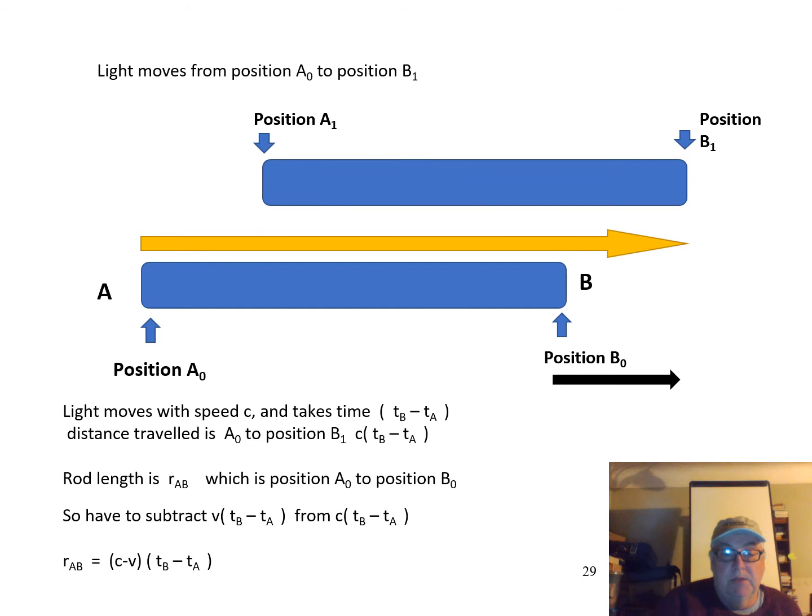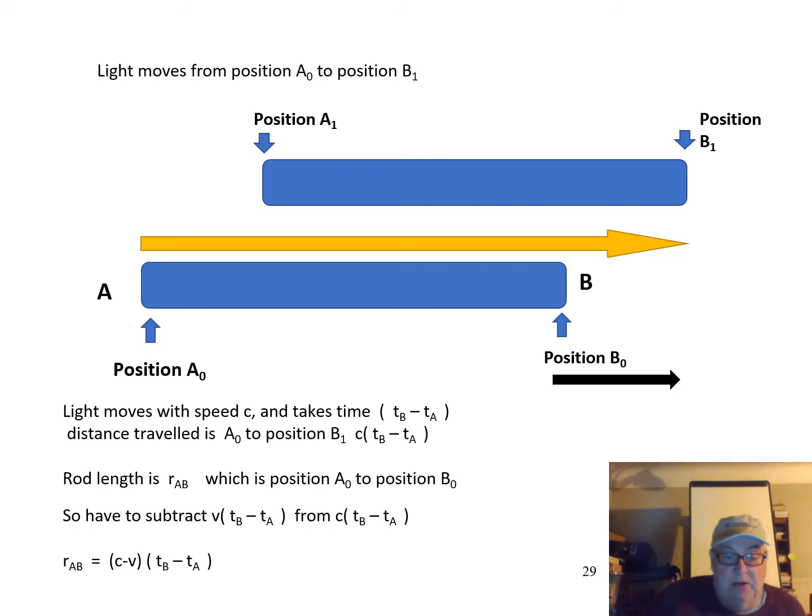Light moves from position A subscript 0 to position B subscript 1, and light moves with speed c, and it takes time T subscript B minus T subscript A, and the distance travelled is A subscript 0 to position B subscript 1, and that is c all times the time interval T subscript B minus T subscript A.